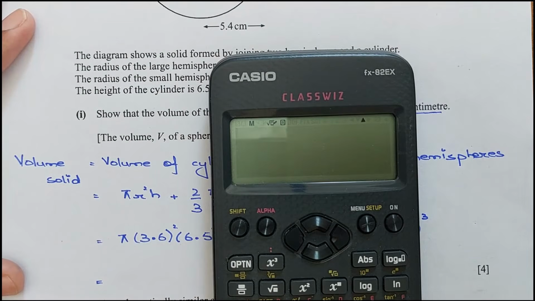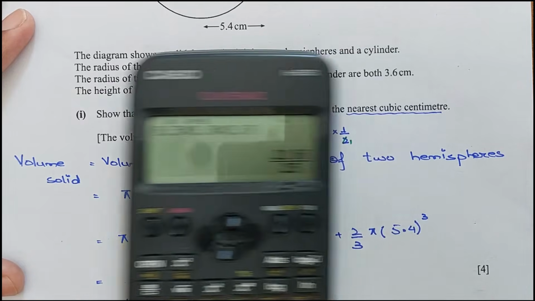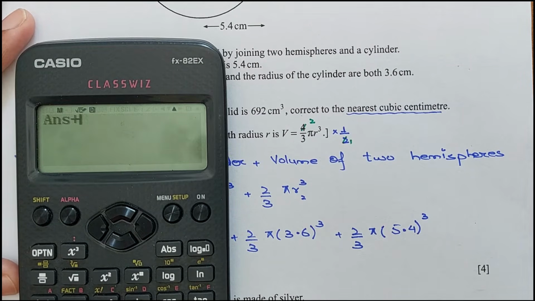So we have 6.5 times 3.6 times 3.6, the first one we took, and then plus 2 divided by 3 times 3.6 cubed, and then add 2 by 3 times 5.4 cubed, and then times pi because I took pi common.